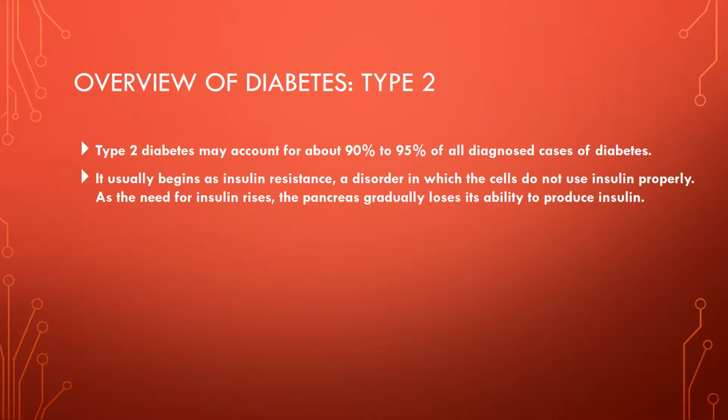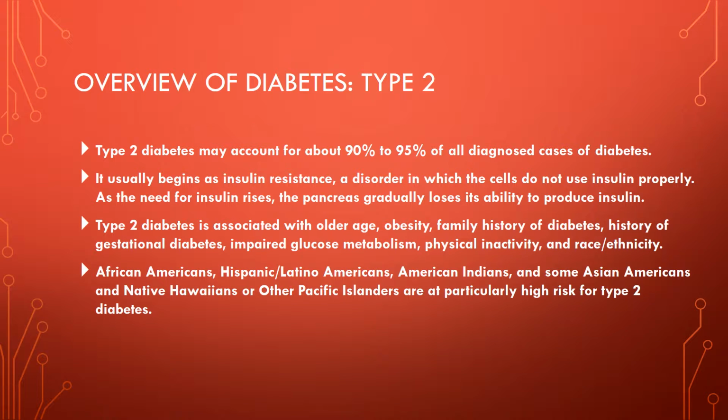So, unlike type 1 diabetes, where the pancreatic beta cells are damaged and they don't work, and the body doesn't produce any insulin, in type 2 diabetes, the body can produce insulin, at least for a while, but the cells become insensitive to insulin. They don't respond to it anymore.